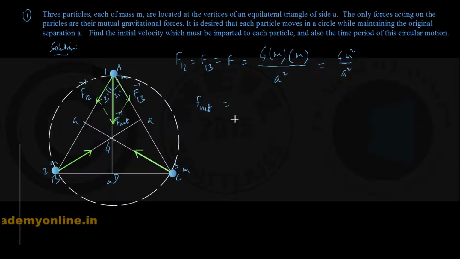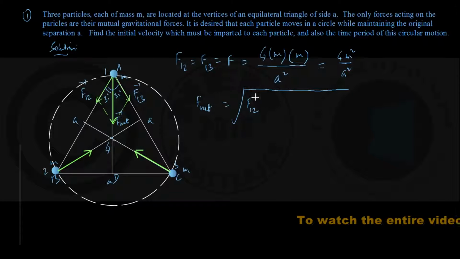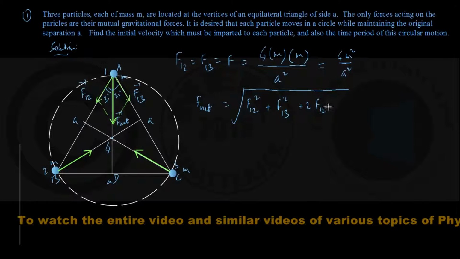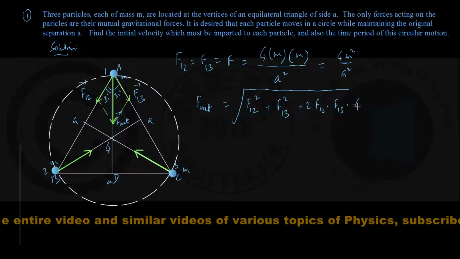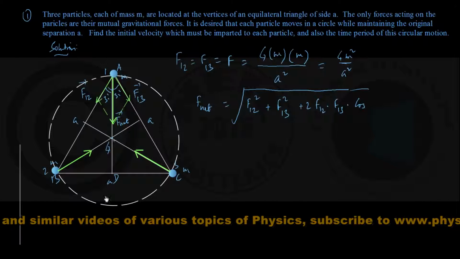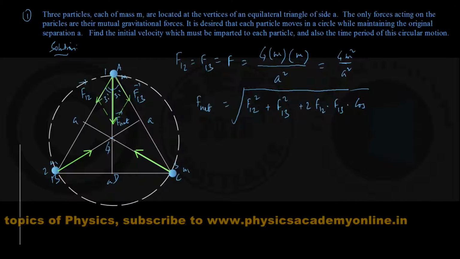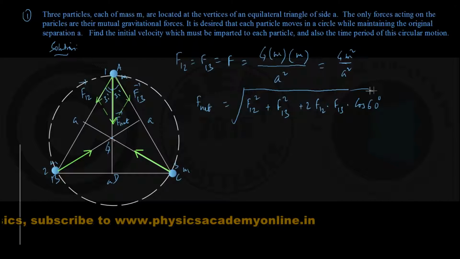And the magnitude of F net can be found out by applying the parallelogram law. You remember, square root of P squared plus Q squared plus 2PQ cos theta. In this case, I might write down magnitude of F12 squared plus magnitude of F13 squared plus twice F12 into F13 into cosine of the angle between these two vectors, which is the angle 60 degrees. In an equilateral triangle, all three angles are 60 degrees each, so cos 60.